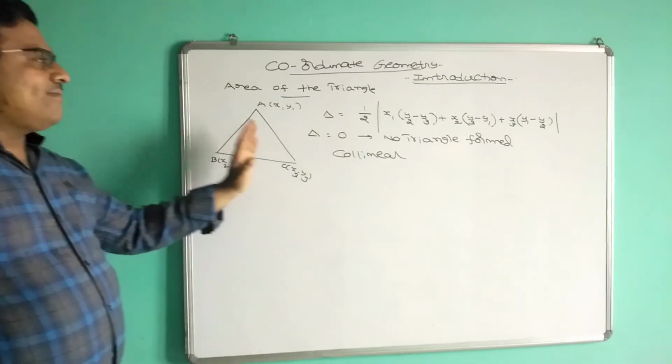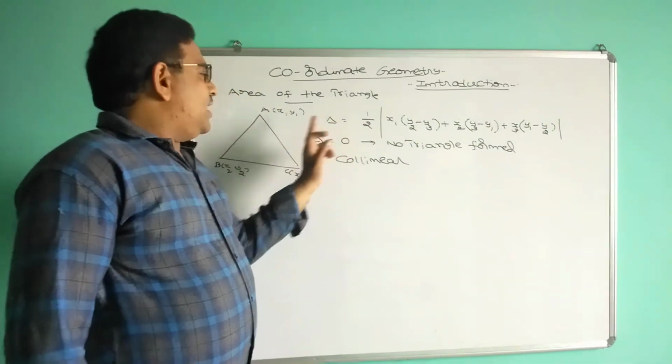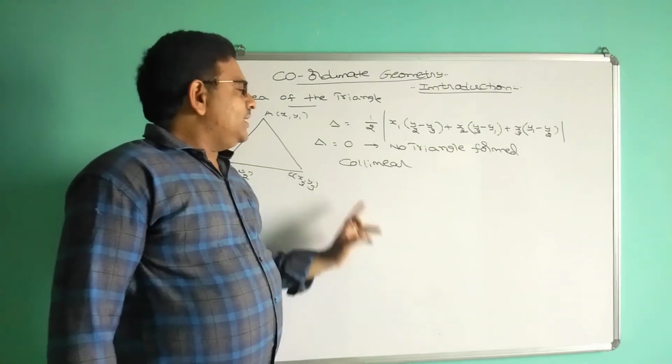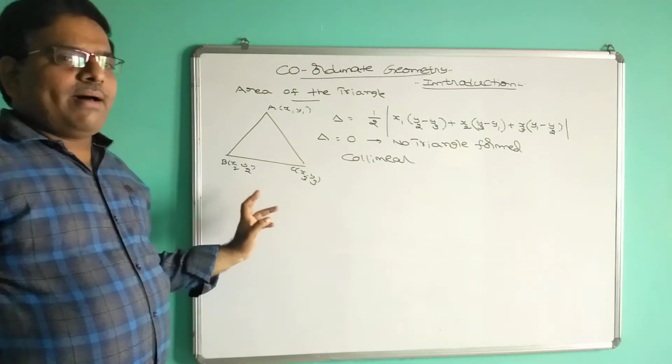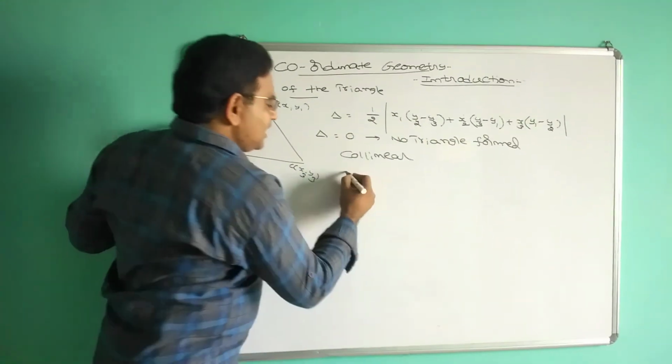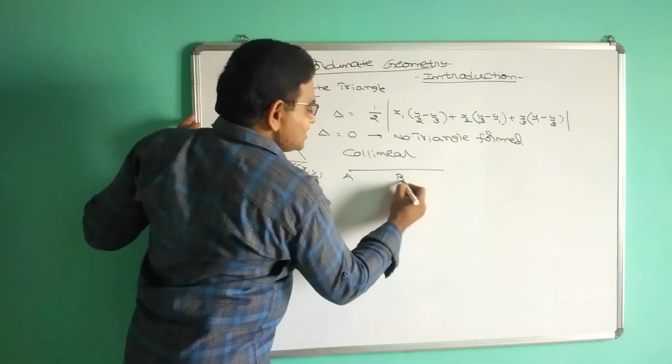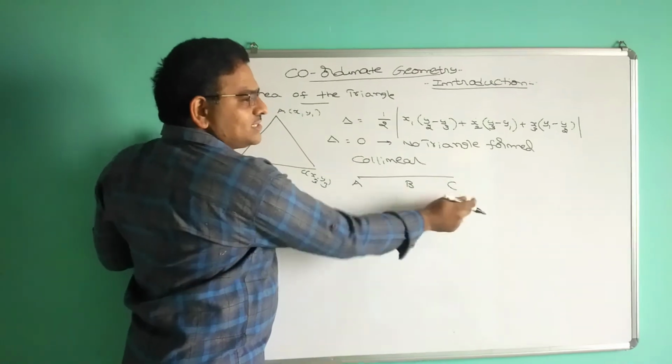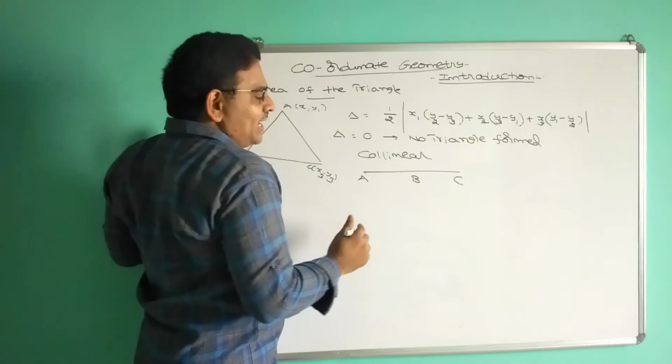So if the area of the triangle formula gives 0, then indirectly no triangle is formed. No triangle formed means the 3 points lie on the same line. Then these points are called collinear points.